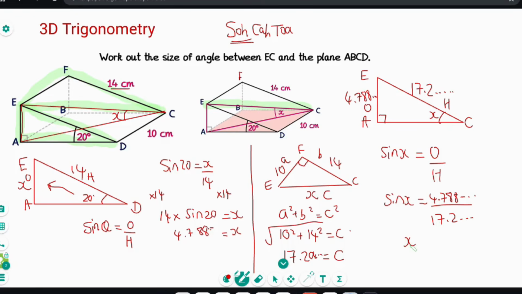Sine to the minus 1 both sides. X is 16.2 degrees.